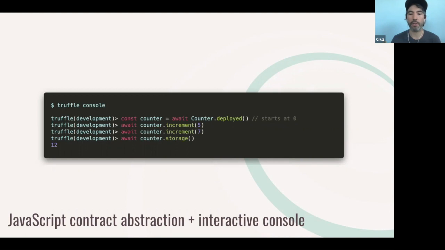So we have counter.deployed, which grabs your contract instance from the network, and then you can make calls to entry points. So, increment 5, increment 7, and then also retrieve the storage state of your contract.